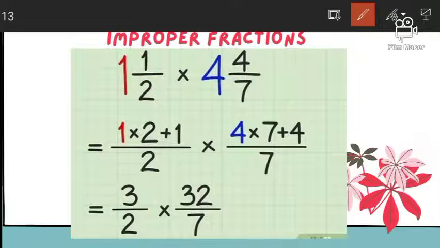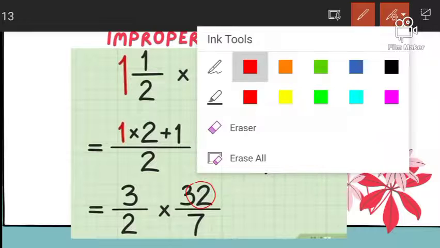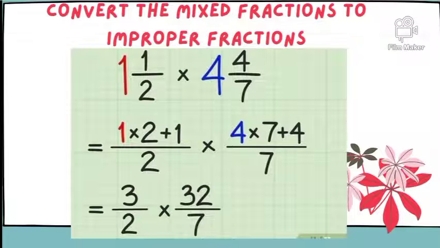And also 4 times 7, this 4 times 7 is 28. 28 plus 4 is 32. So that becomes 3 over 2 times 32 over 7.